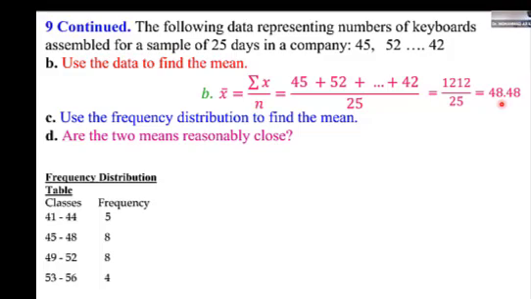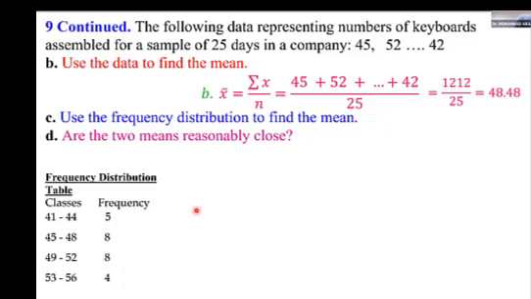We can also use the frequency distribution to find the mean. This is in case we don't have the actual, original data. Normally, if you have the original data, you don't go there. But I just want to show you that the two means are reasonably close. That's what I want to discuss. So here's how it works.